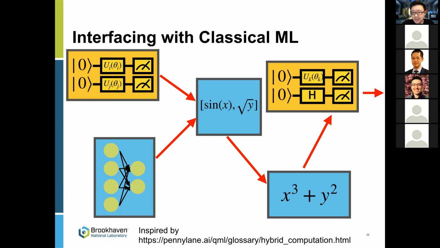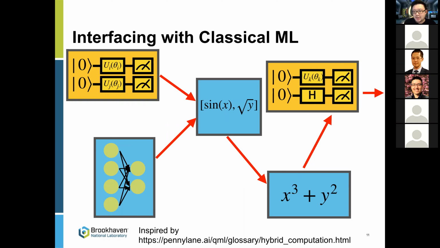Here, I present one example. Here, we have some quantum nodes and classical nodes. The yellow boxes, as you can see, are the quantum nodes with a small quantum computer. And the blue nodes are some neural networks or mathematical functions to post-process the results.